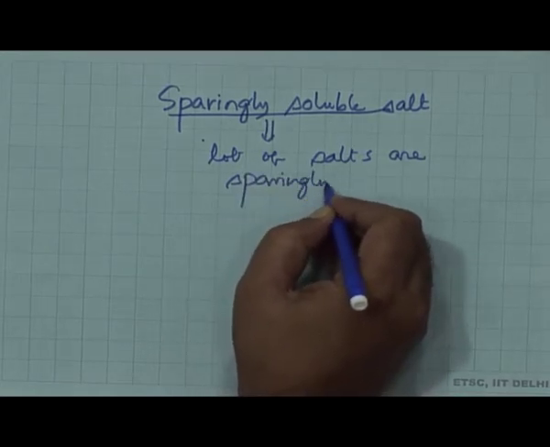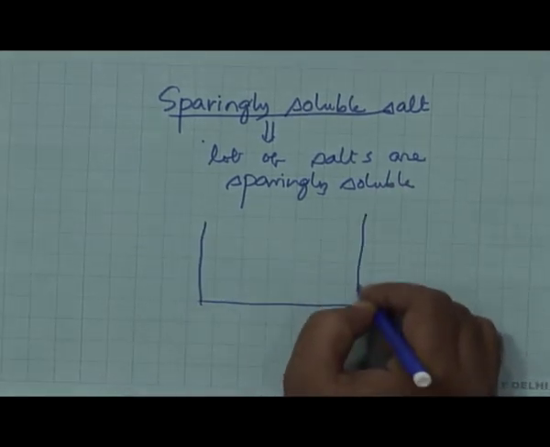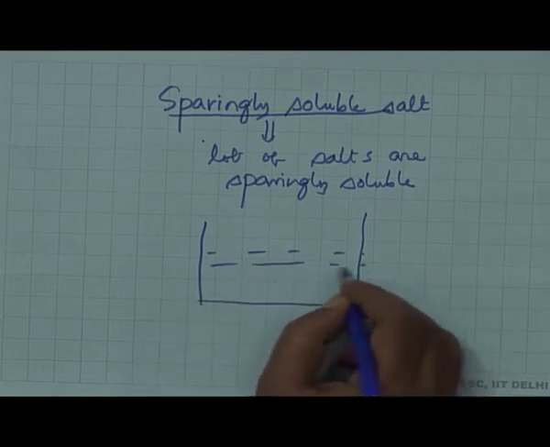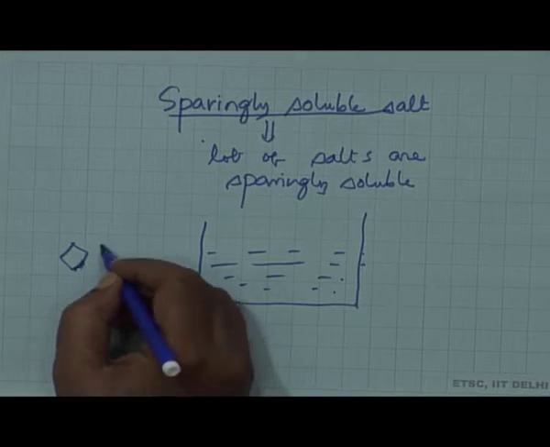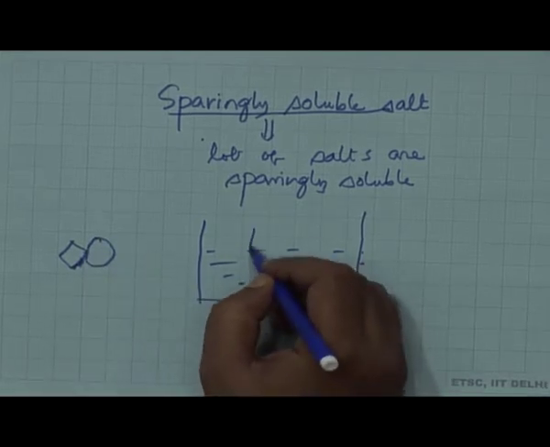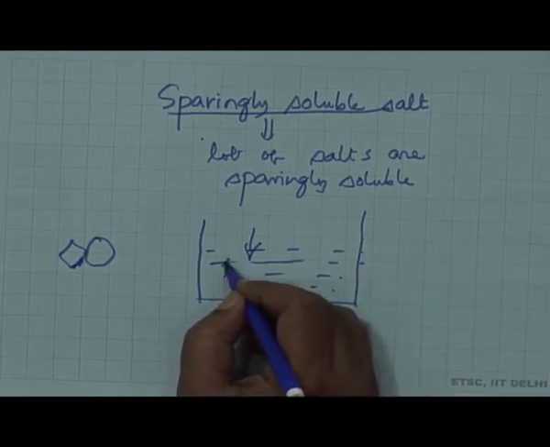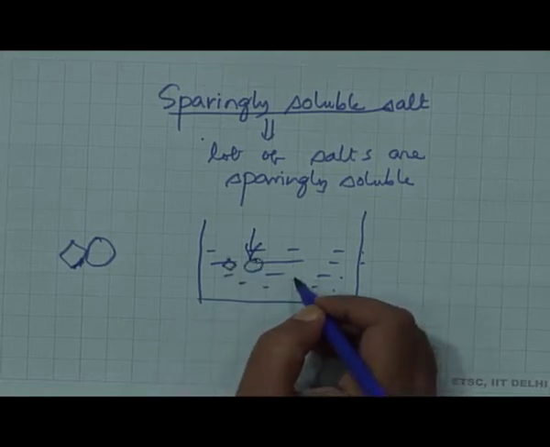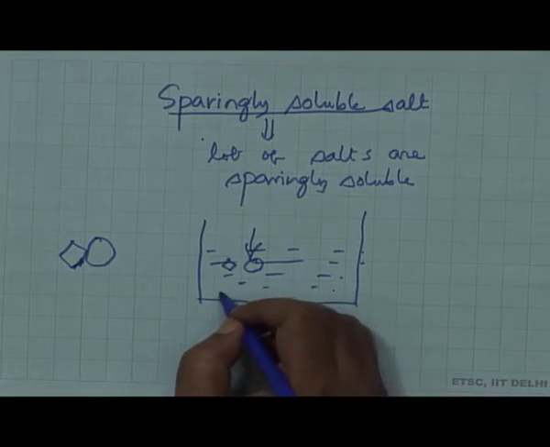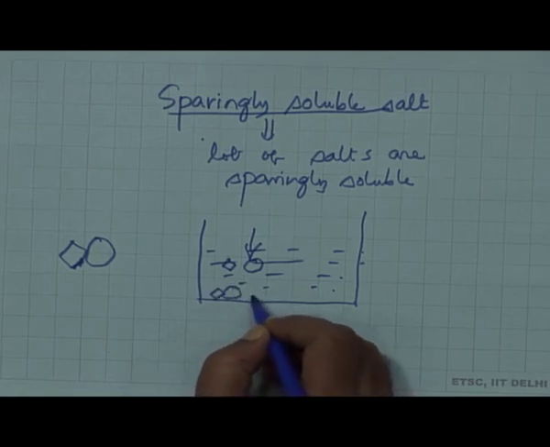Sparingly soluble. What does that mean? If we take water and we have salt, like this is positive charge, this is negative charge. If I add it in water, initially a small amount will get solubilized, but on addition of more salt, it will start precipitating.